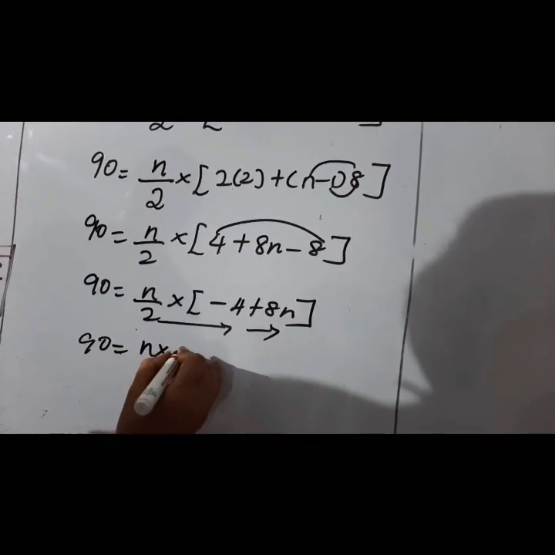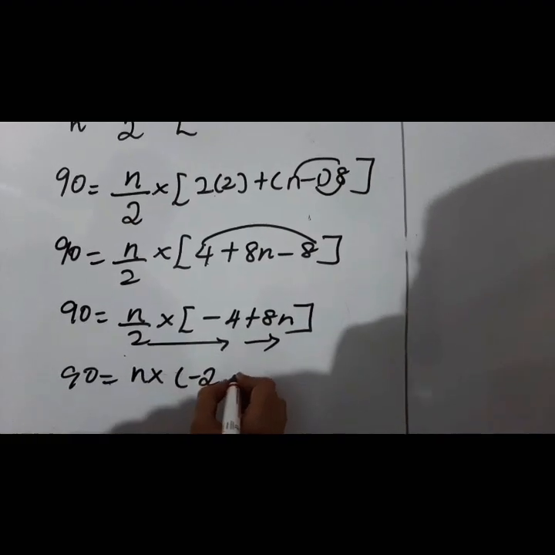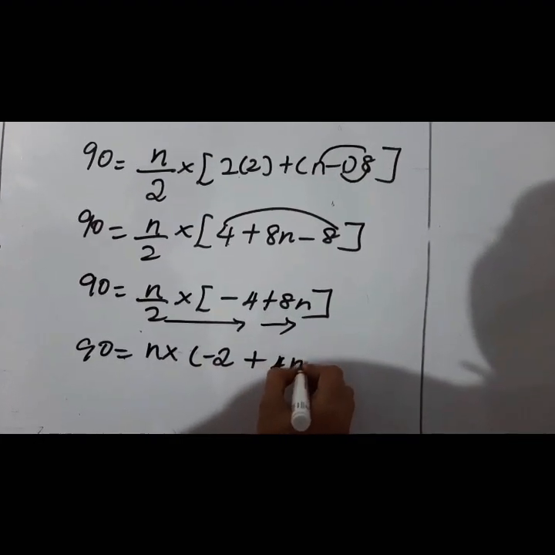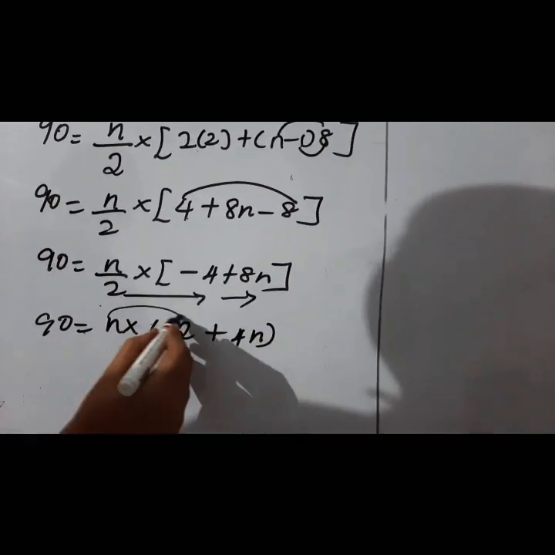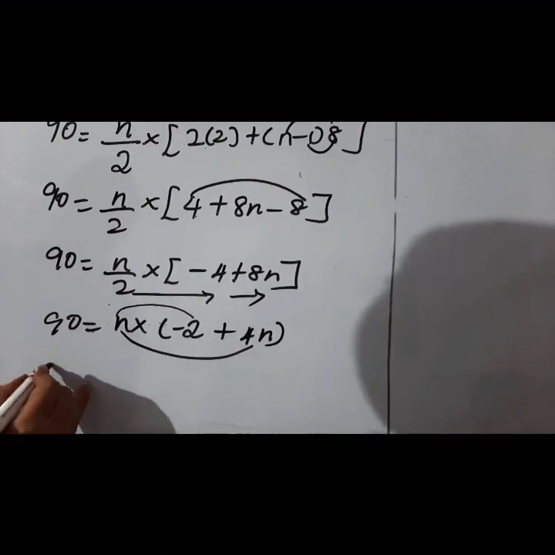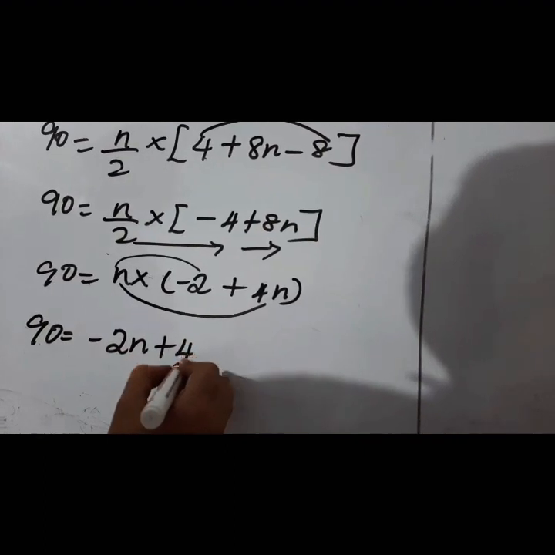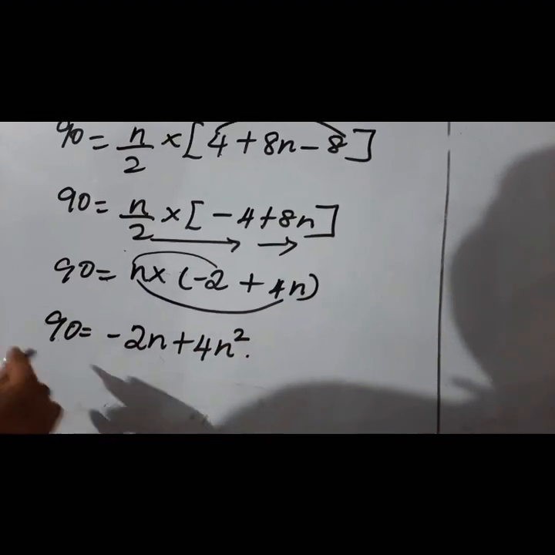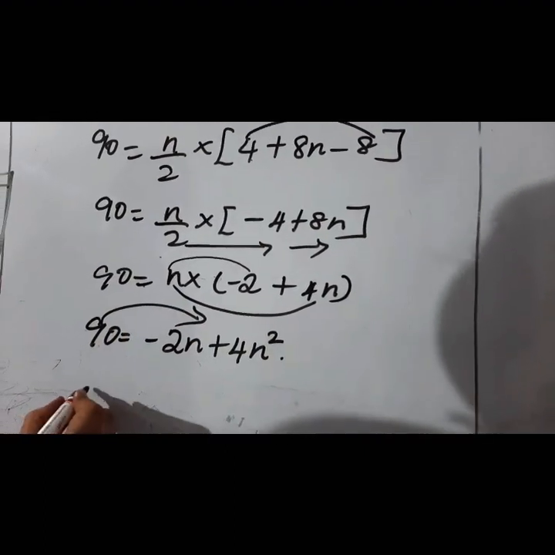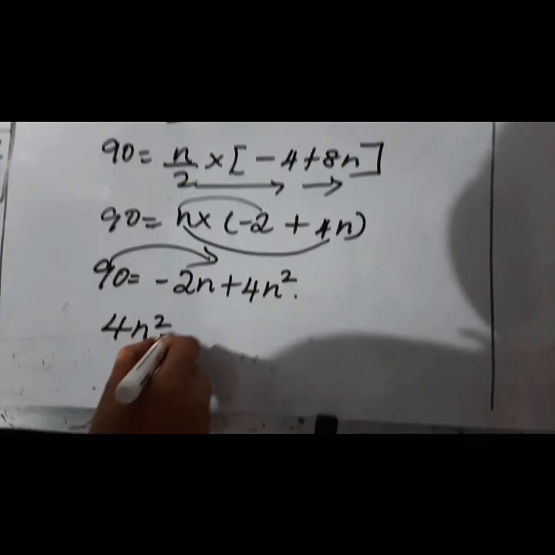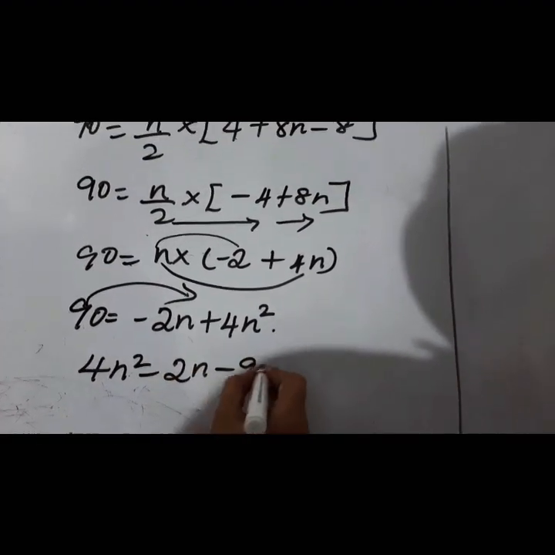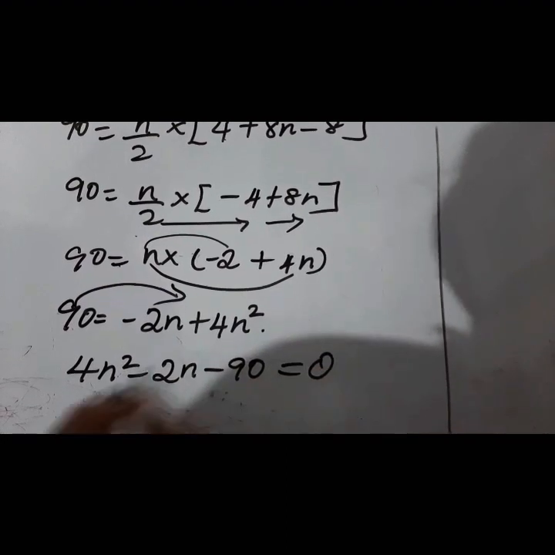N into minus 2 plus 4n. Now multiply n with minus 2 and 4n. 90 is equal to minus 2n plus 4n square. Transpose 90 to the other hand side. 4n square minus 2n minus 90 is equal to 0.